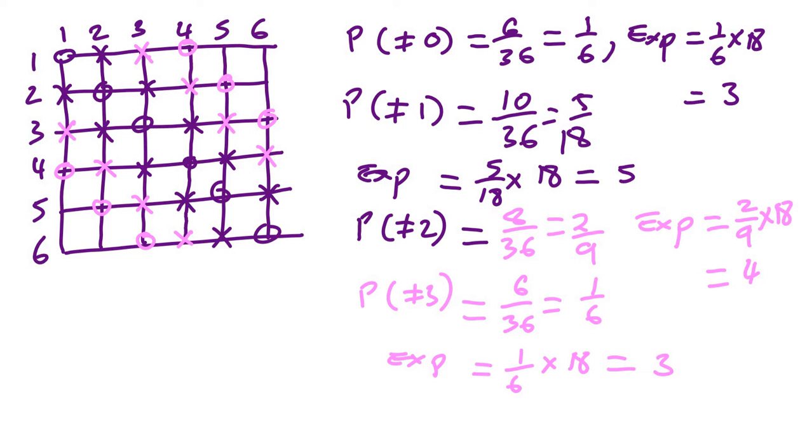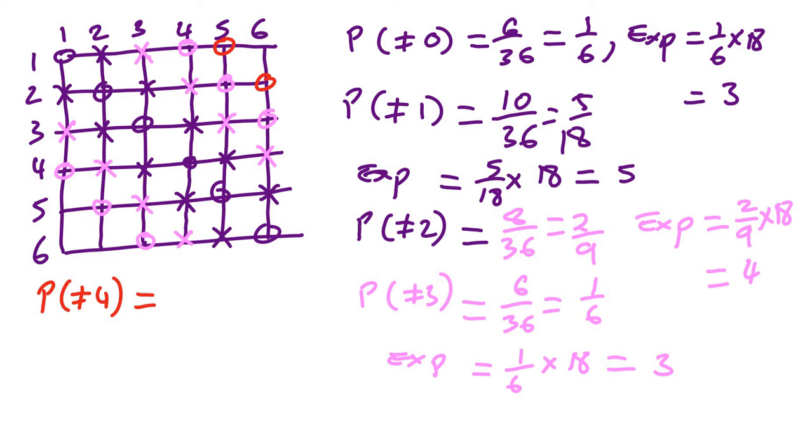So we need to find the probability that the difference is 4. Okay, almost there. The difference of 4 is 1 and 5. Happy with that? 1 and 5, because the difference is 4. 2 and 6. 3 and what?